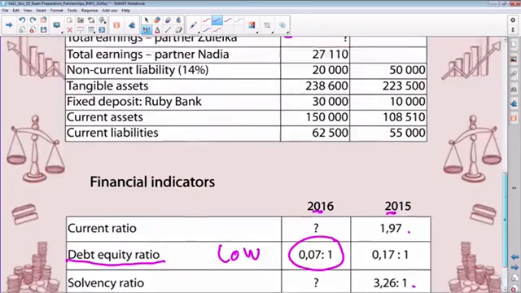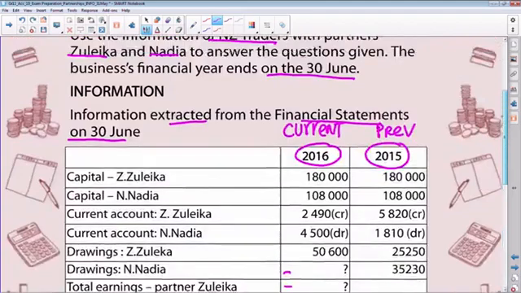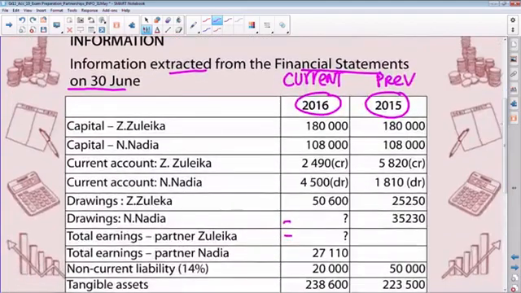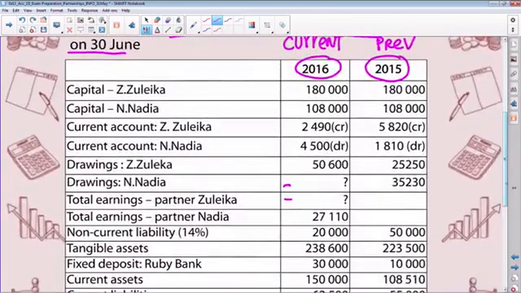Right, so if we go to 2016, okay, guys? And if we now look at our non-current liability, it's currently at 20,000. So if the business took out the additional 180,000, this figure would change to 200,000. 180,000 plus the 20,000 to give me 200,000.